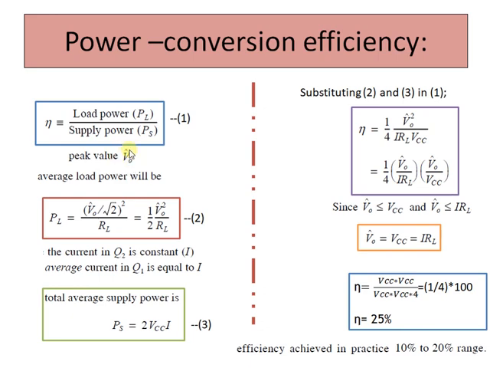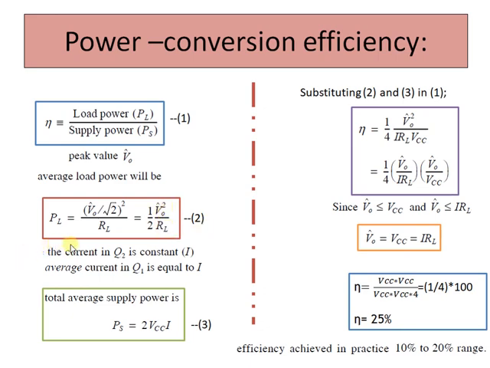For an emitter follower, if the output voltage is a sinusoid with the peak value of Vout cap, the average load power will be computed as PL equal to the peak value divided by square root 2, the whole squared, that is the RMS value, divided by RL. Since it is RMS, we take the peak value divided by root 2, divided by RL, which gives us a value of 1 by 2 into Vout cap the whole squared divided by RL, which is named equation number 2.